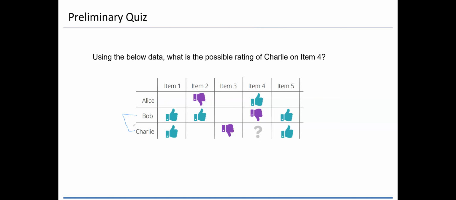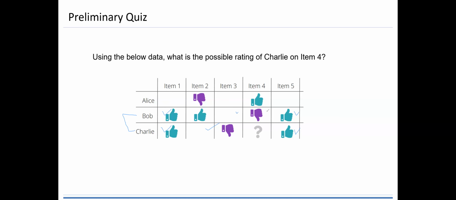Okay. Now, let's look at the users. I know that for item 1, Bob and Charlie share the same rating. For item 5, Bob and Charlie share the same rating. For item 2, no information. For item 3, no information.